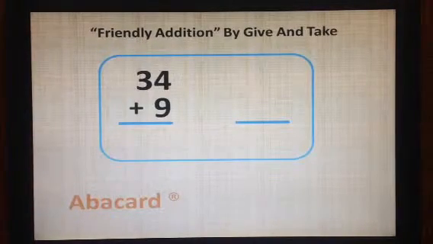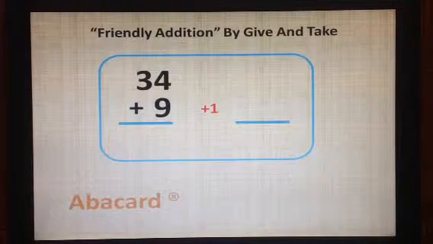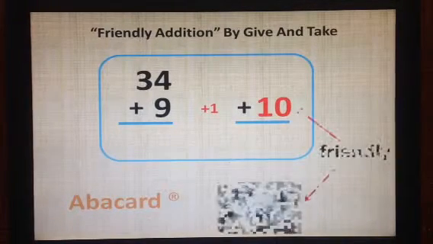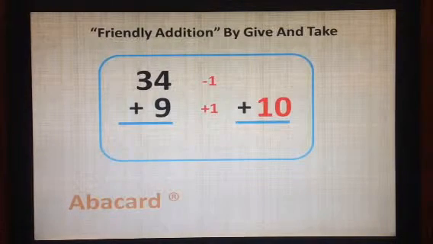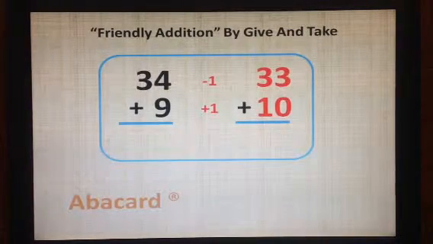Okay, wow, we're starting to get big here. So we're going to add a 9, but the easy way is to add a 10. And what do we have? Friendly. But then, if we added a 1 to the bottom, what do we got to do to the top? We got to take away, otherwise we'd end up with too many. So guess what? And you know the answer to this.